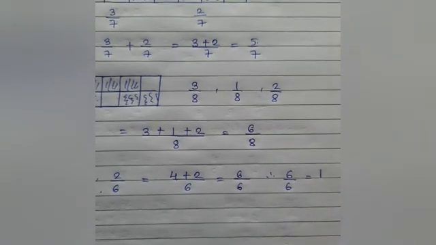Here we have to keep in mind that if the numerator and denominator of a fraction are equal, the fraction is equal to 1. I repeat, if the numerator and the denominator of the fraction are equal, then the fraction is equal to 1.